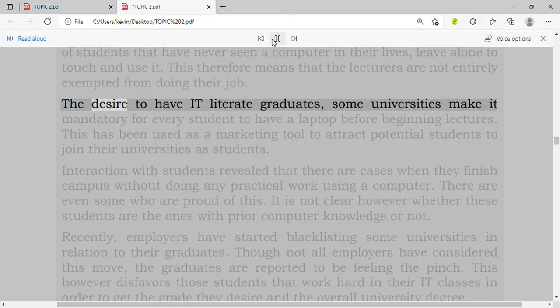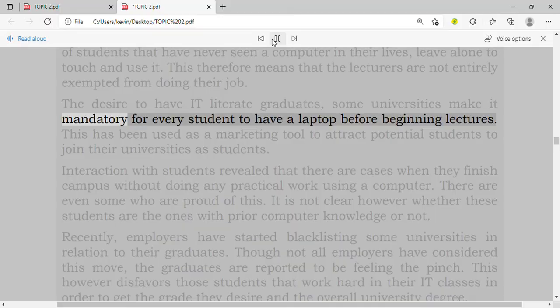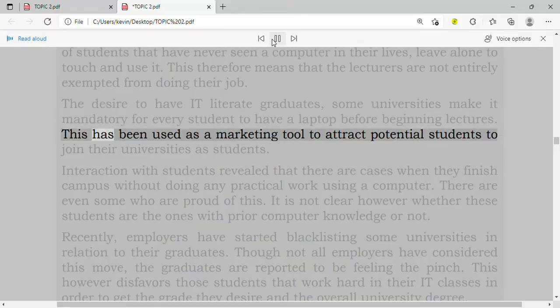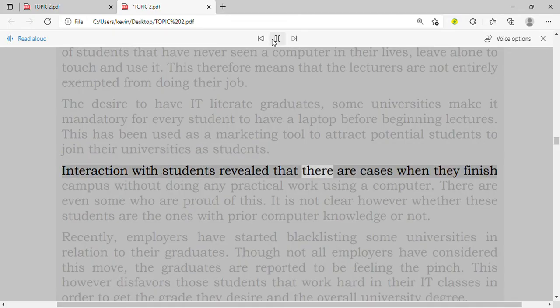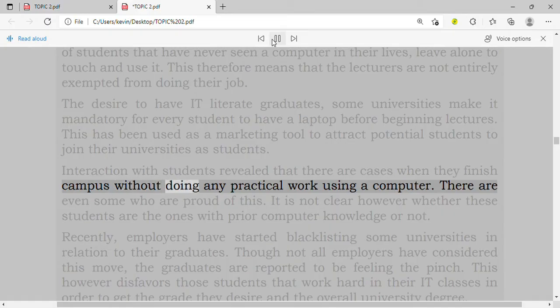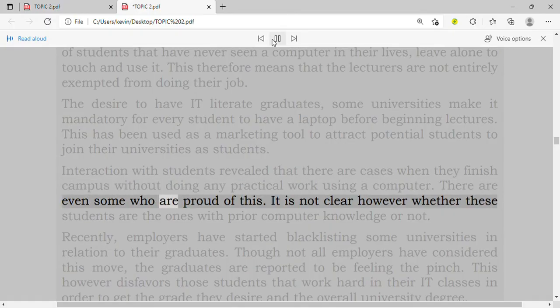Desiring to have IT literate graduates, some universities make it mandatory for every student to have a laptop before beginning lectures. This has been used as a marketing tool to attract potential students to join their universities. Interaction with students revealed that there are cases when they finish campus without doing any practical work using a computer. There are even some who are proud of this.